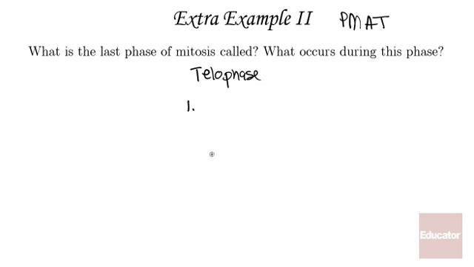So remember, in prophase, the nuclear membrane broke down. Now, the nuclear membrane reforms. And one nuclear membrane will form around one set of chromosomes at one pole of the cell. The other nuclear membrane will form around the other nucleus at the other pole of the cell. So now there's two nuclei.